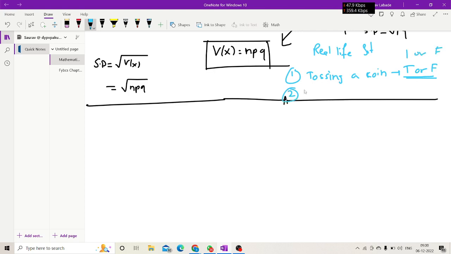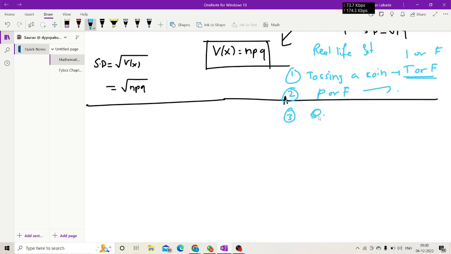What is the second situation? Suppose I am considering your result, considering one student only. That will be pass or failure. So this is also one example of the Bernoulli distribution. I am considering customers who are smokers.